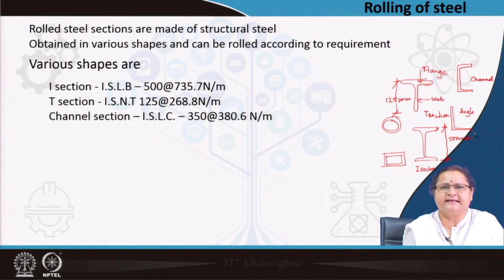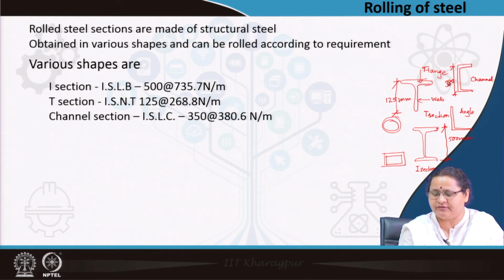Same with the channel section, you see ISLC 350 at the rate of 380.6 Newton per meter. Now, these are all 350 millimeter. So, these are all code specified.